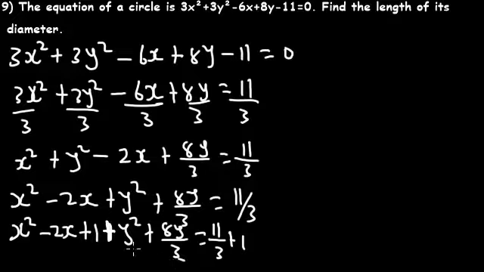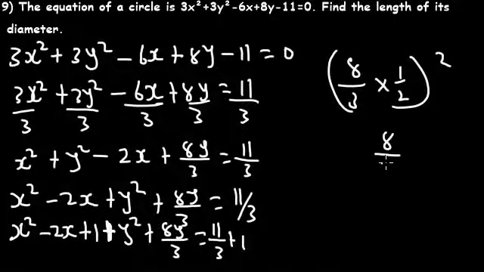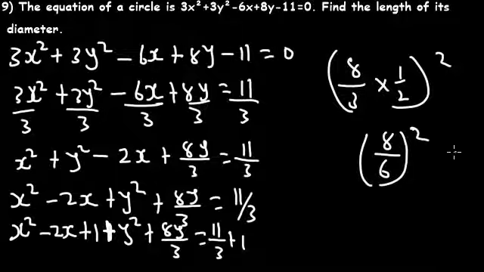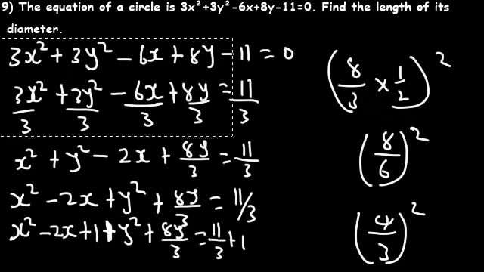Okay, good. Now let's complete the square for the y terms. That will be 8 over 3 times half, all squared. That will give us 8 over 6 all squared, but that can be reduced to 4 over 3 all squared. So we are adding 4 over 3 all squared to both sides.